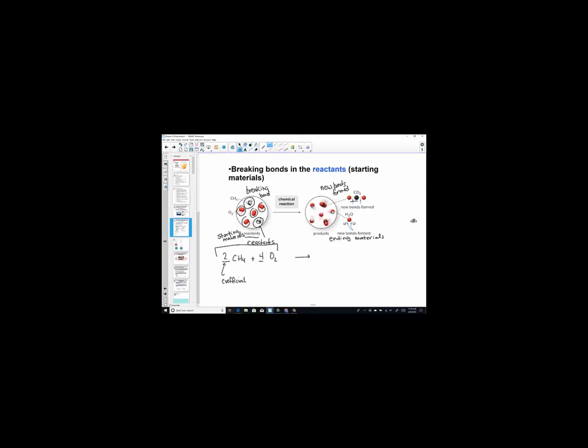I see carbon dioxide, 1, 2. I'm going to put a 2 in front of carbon dioxide to let you know there are 2 molecules of CO2 that formed. Then I see a plus sign to separate the 2 products. And now I'm counting 1, 2, 3, 4 molecules of water.